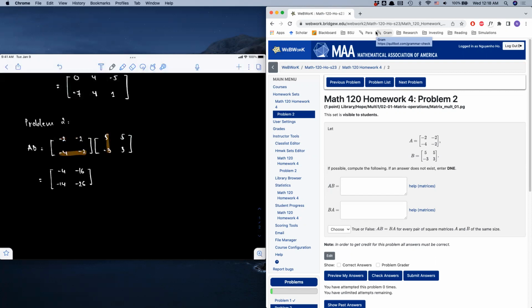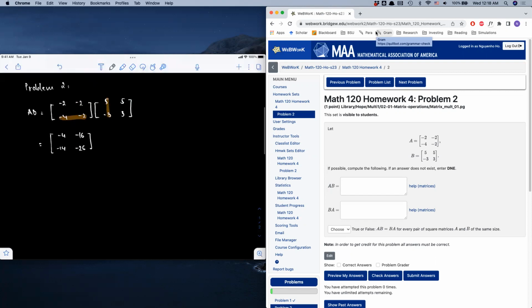That is for A times B. Now we're going to do B times A. For B times A, you get 5, 5, -3, 3 multiplied with -2, -2, -4, -2. Again, if you do the calculations correctly, the answer should be -30, -20, -6, 0.